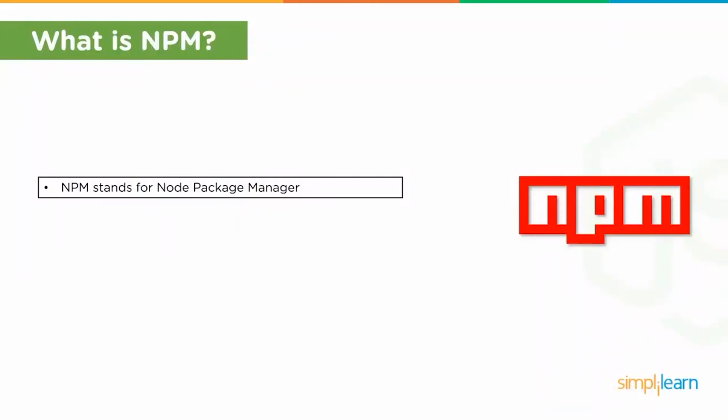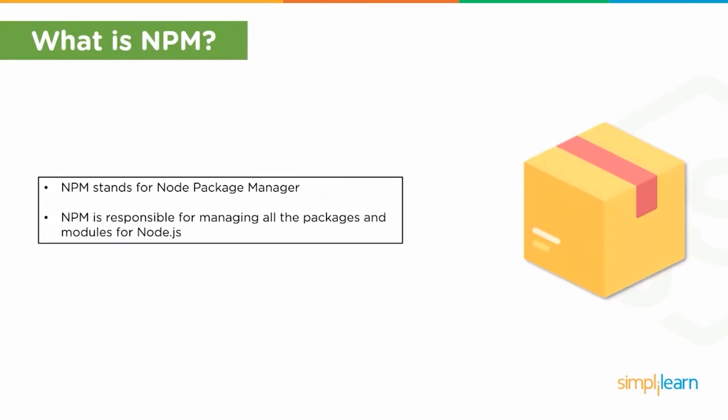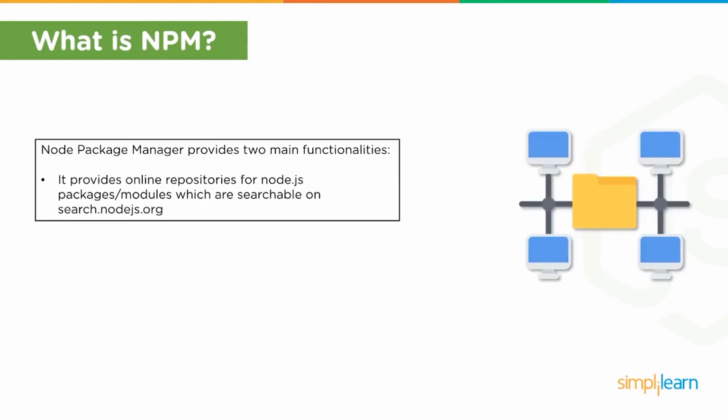So let's go through what NPM is. NPM itself stands for the Node Package Manager. No great shakes there. As the name says, it's responsible for all the packages and modules that are bundled within Node.js. So the Node Package Manager itself really has two key functionalities. The first is that it is a central repository for all packages and modules, which you can then search through online.